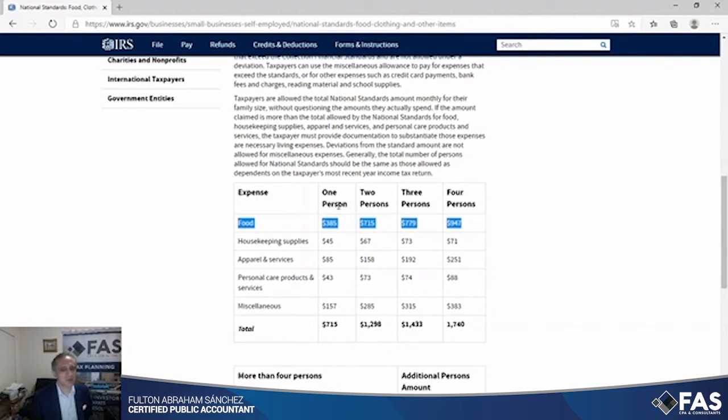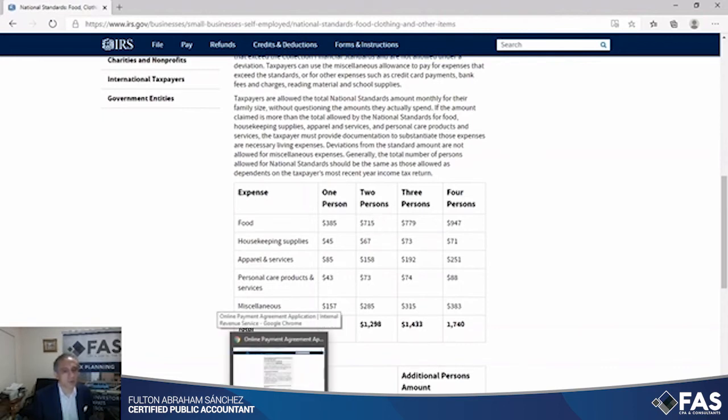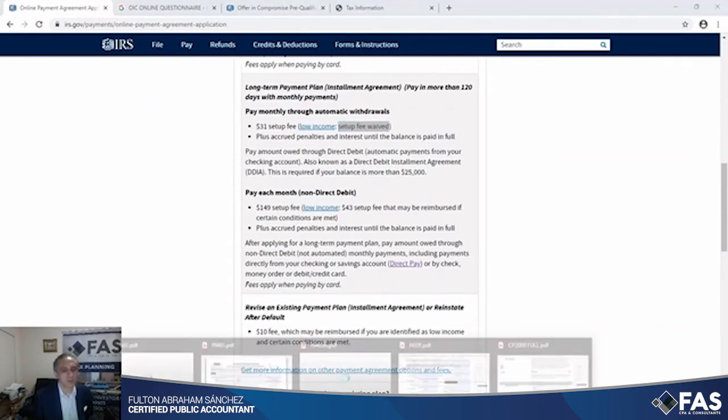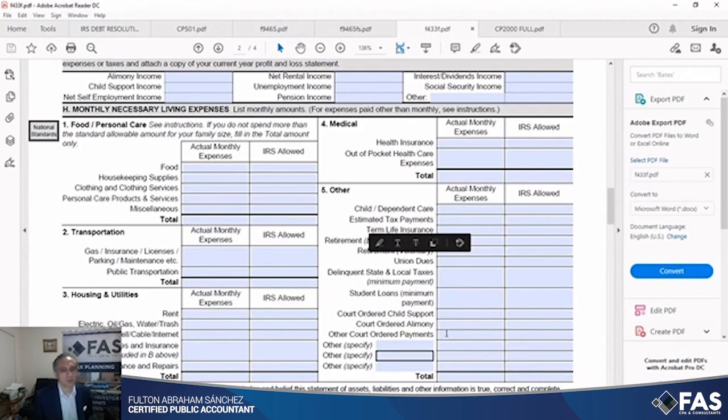This is the maximum amount for a month. So if you are 2 people and you spend in a month more than $715 for groceries, you have to use this amount to fill in the form 433.